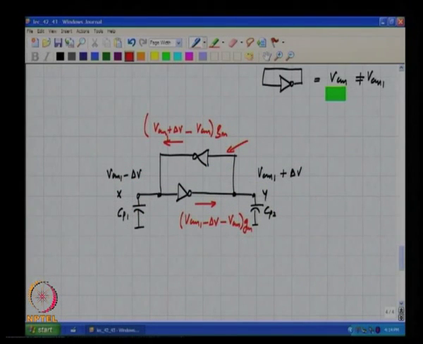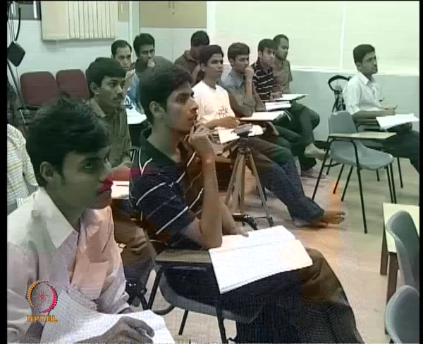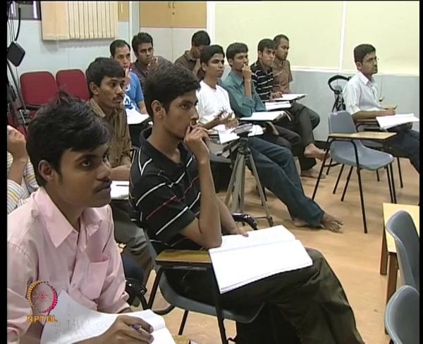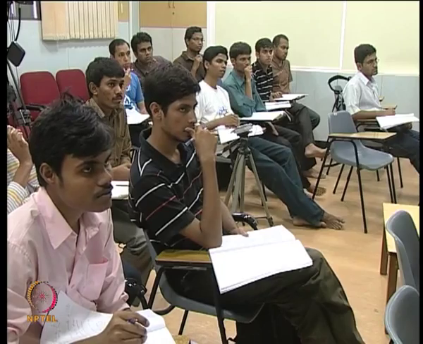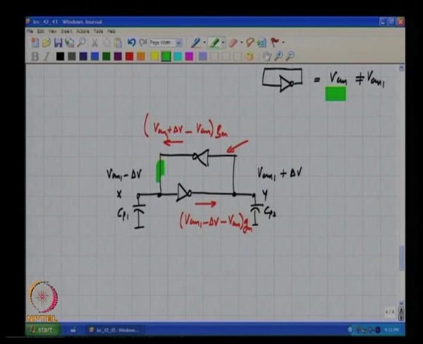And what is that common mode component trying to do? It is trying to bring Vcm1 towards Vcm. And how do you see that? To determine how this common mode potential is moving, we draw the common mode equivalent circuit.